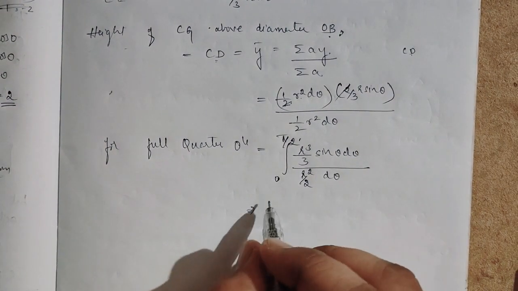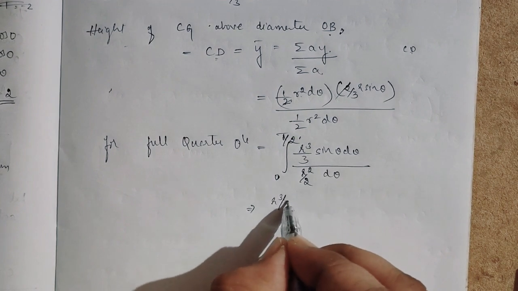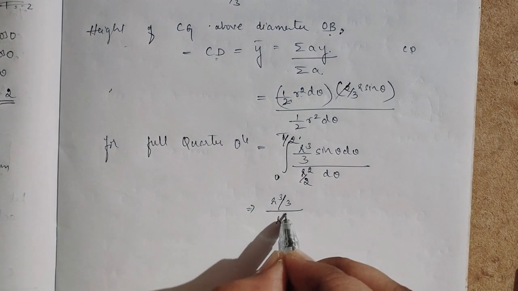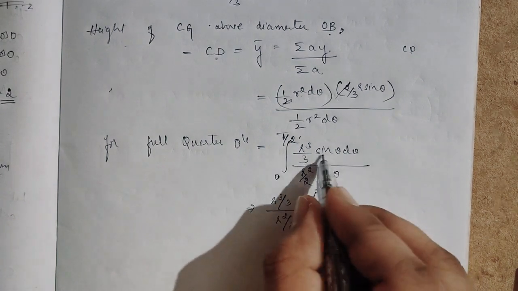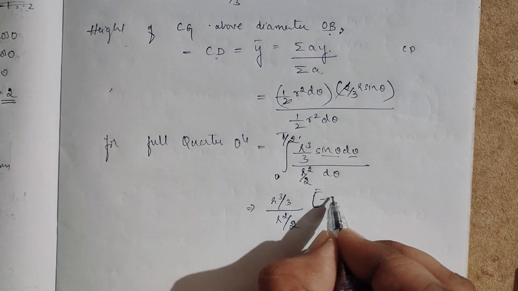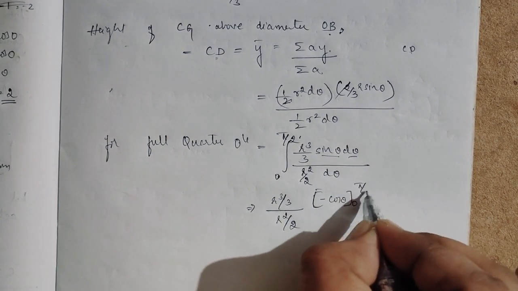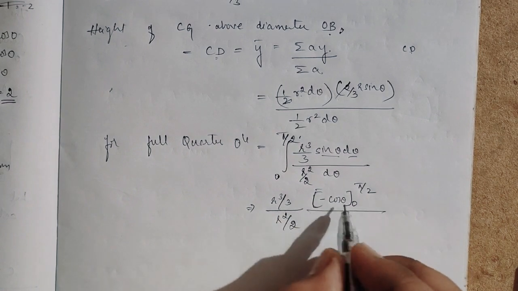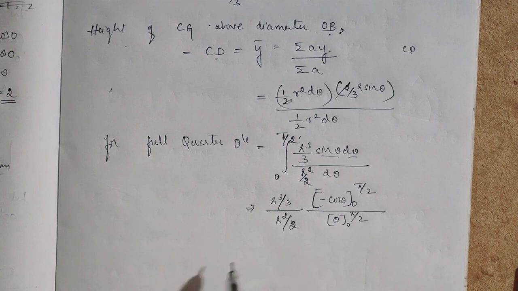Now r cube by 3 divided by r square by 2 will come outside. Now the integration of sin theta d theta is minus cos theta, from 0 to pi by 2, divided by theta from 0 to pi by 2.